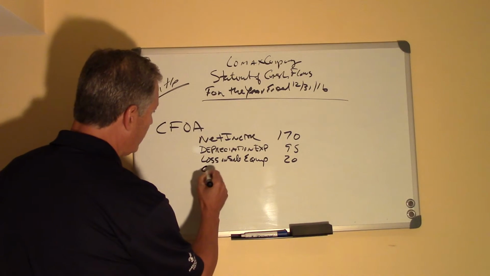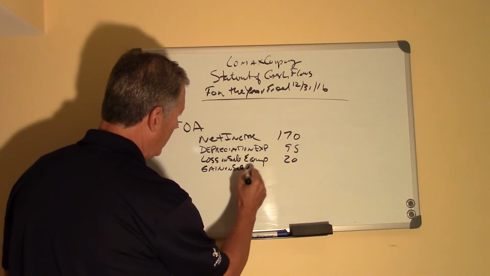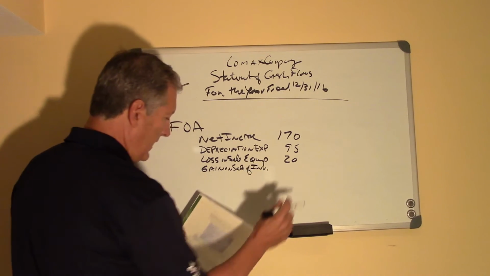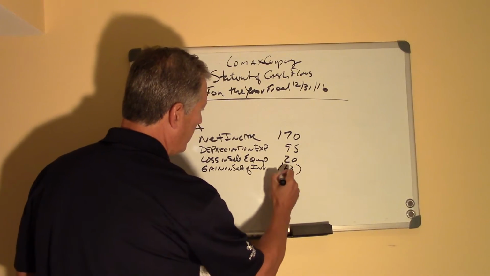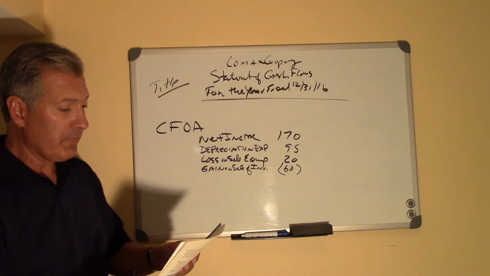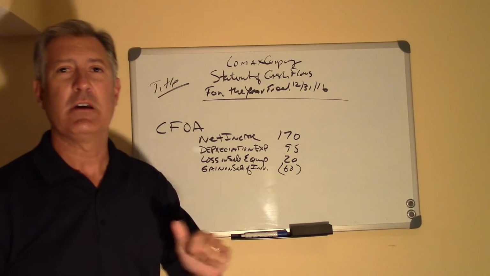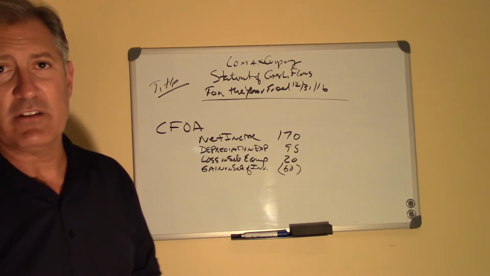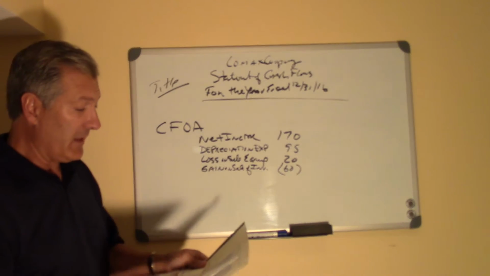So we want to subtract gain on sale of investments, and that was $60,000. Put that number in brackets so there's no mistake that you're subtracting it. Add back depreciation, add back loss on sale, subtract the gain. That's what you want to remember from the income statement.